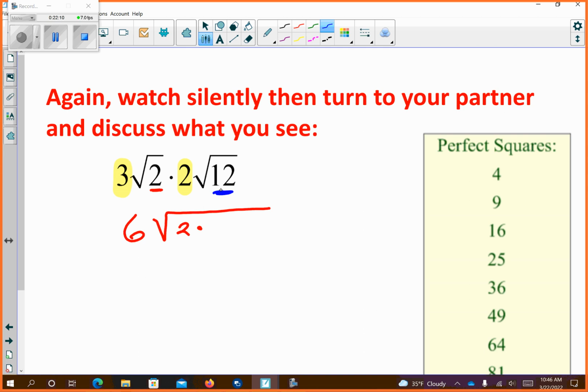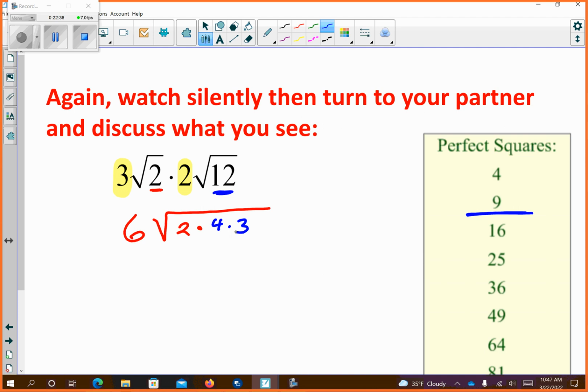So 12 falls right in here. Agreed? Okay. 9 times some whole number, will that give me 12? No. Will 4 times some number give me 12? Okay. Now, technically, I'm looking for 2 of a kinds or perfect squares.